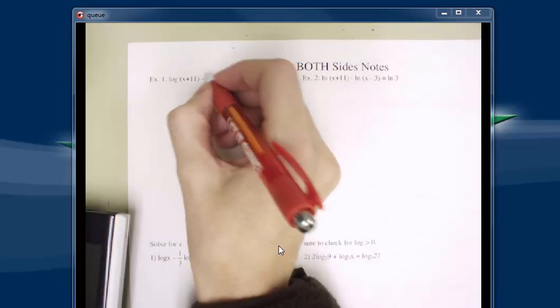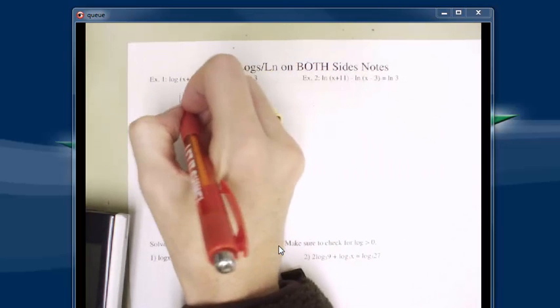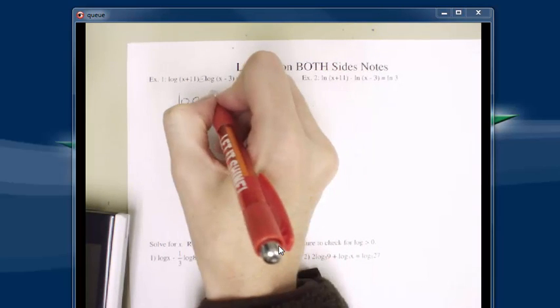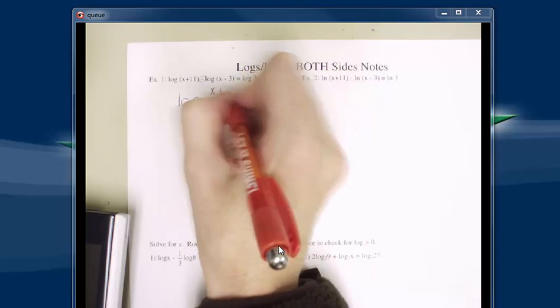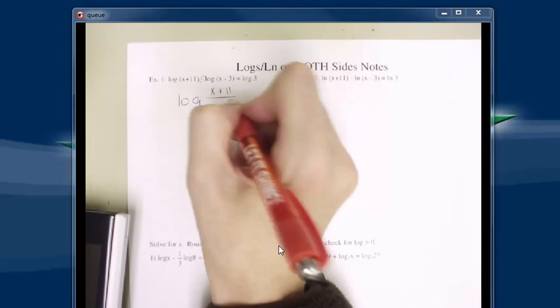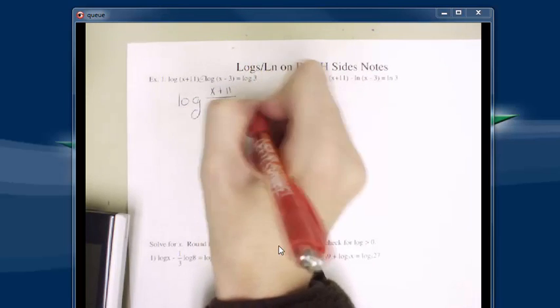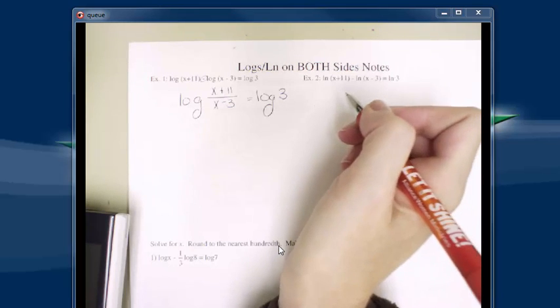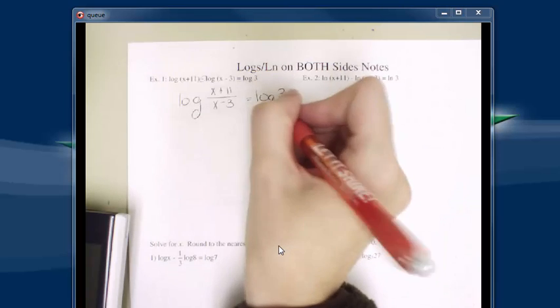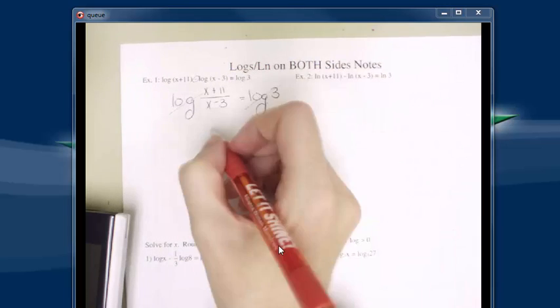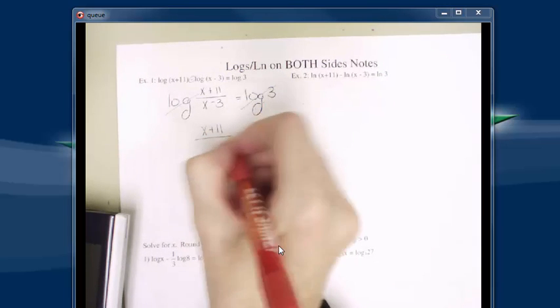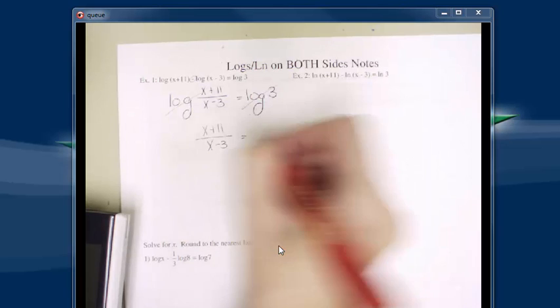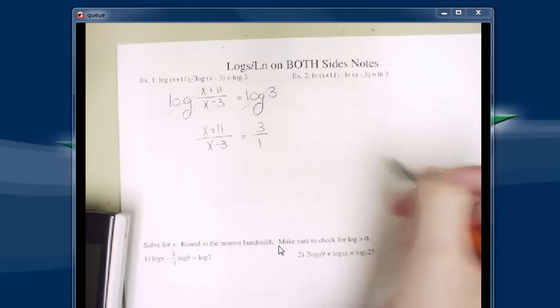Let's take a look at one more where the logs are on both sides. So now I have this subtraction here. So I have subtraction means division. And I have logs on both sides. Both logs are base 10. We've simplified it down to 1 log on each side. I can cross those out and write just what's left over.